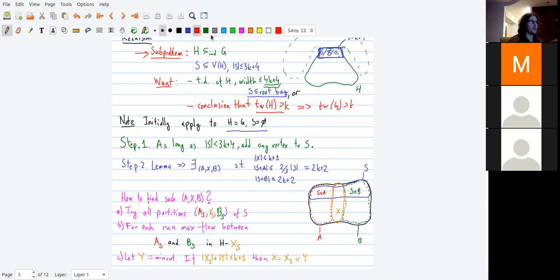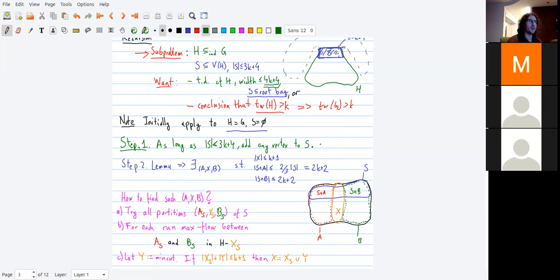So the first step is to eliminate this assumption that the set S is of size at most 3k plus 4. As long as it is strictly smaller, I just add an arbitrary vertex to S. This is fine because S is only growing bigger, which means I put more and more constraints on what my algorithm should do, because I have a larger set that needs to be put in the root bag.